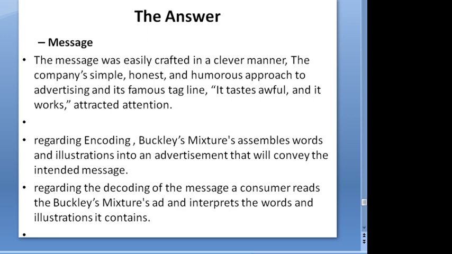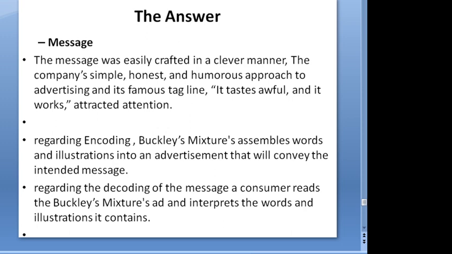When you listen to this sentence, you will pay attention to it. How can they say it tastes so awful? So why should I buy? Because it works. So the message here was crafted in a clever manner.